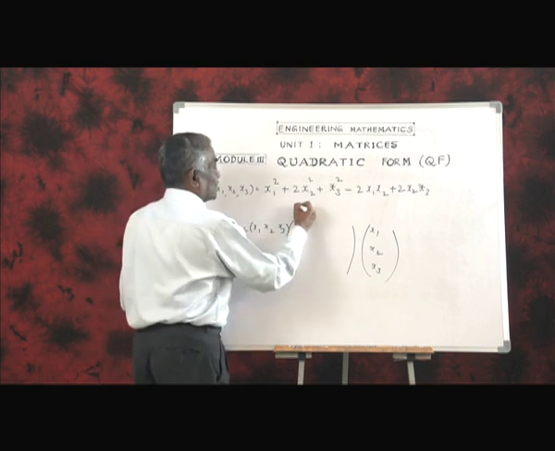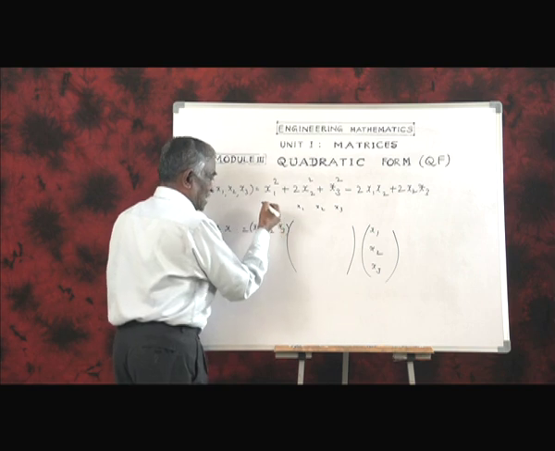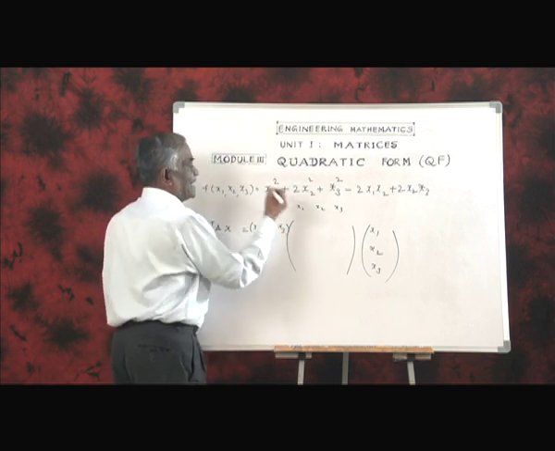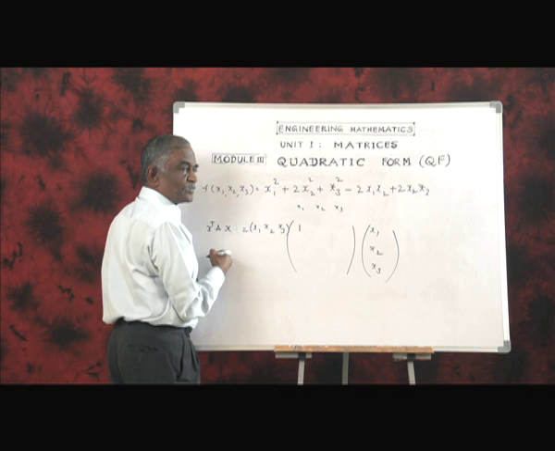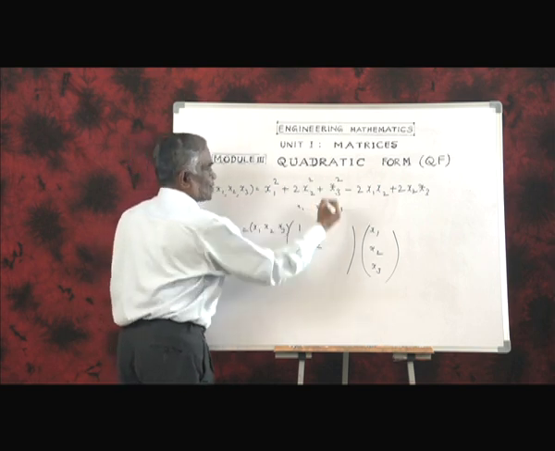So here what you have to do, the easy way, you write x1, x2, x3, and of course here x1, x2, x3, simply write x1 square term here, x2 square term here, and x3 square term here.